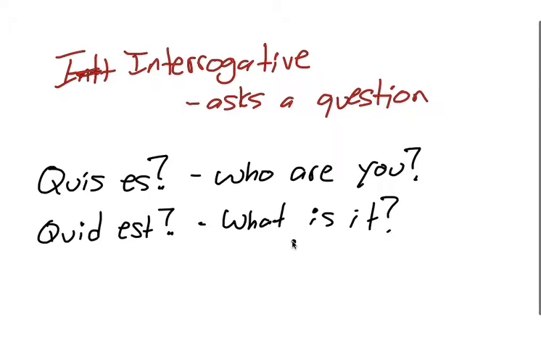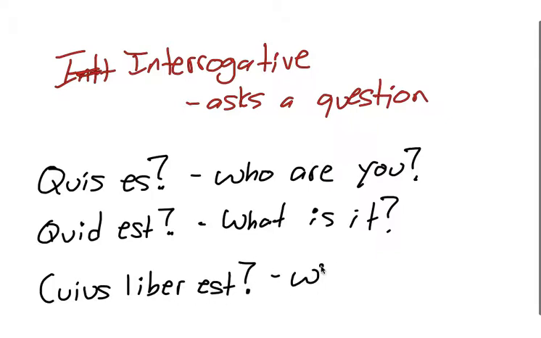Okay, so that would be an example of how you use quid. Cuius liber est. And now I have a genitive example. Whose book is it? Whose book is it?